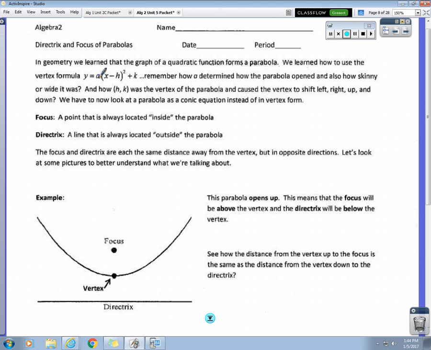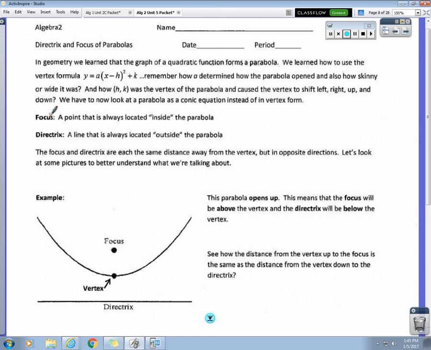If it was positive, it opened the parabola up. If it was negative, it opened down. Depending on what number it was, it determined how skinny or wide the parabola was. H and K is the vertex of the parabola, and it caused the vertex to shift left, right, up, and down. We have to now look at the parabola as a conic equation instead of vertex form.